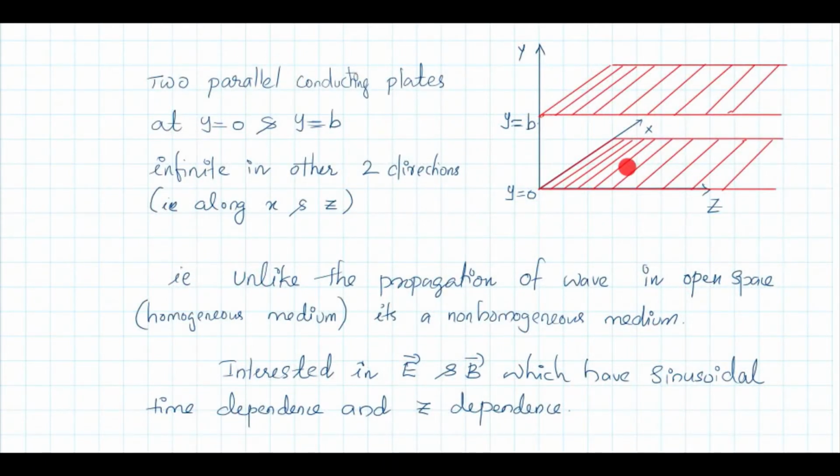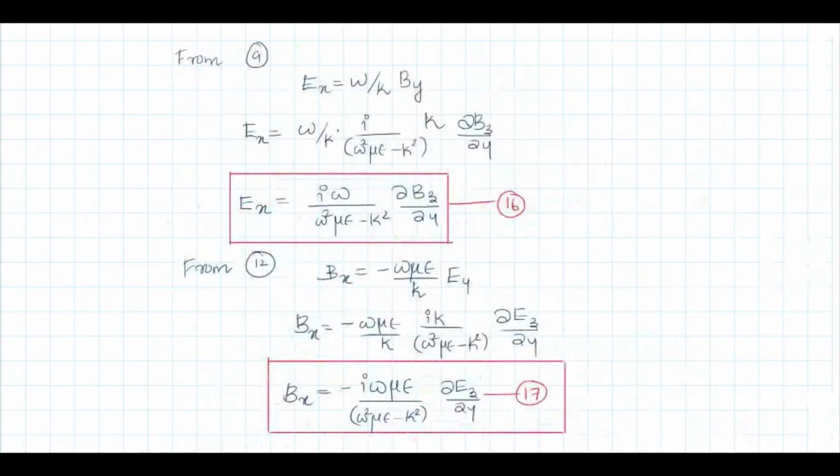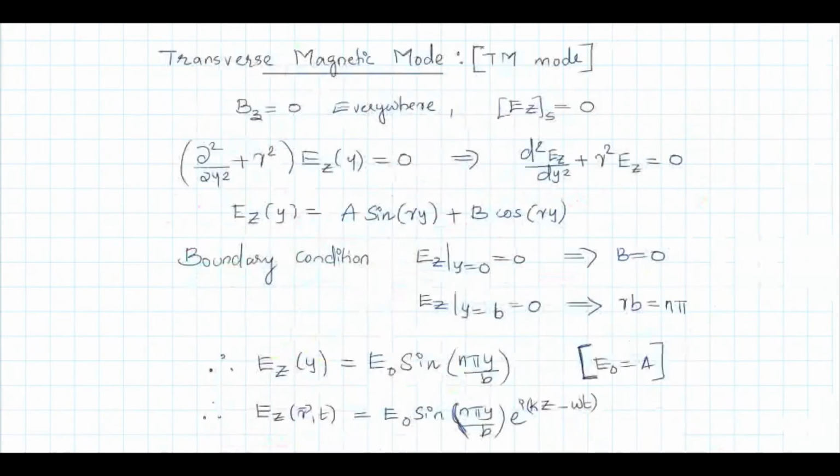So surface means y equal to 0 or y equal to b. When you put y equal to 0, Ez should be 0. On the right-hand side, sin 0 is 0 but cos 0 is 1. In order to make the RHS 0, b should vanish. So b is equal to 0.